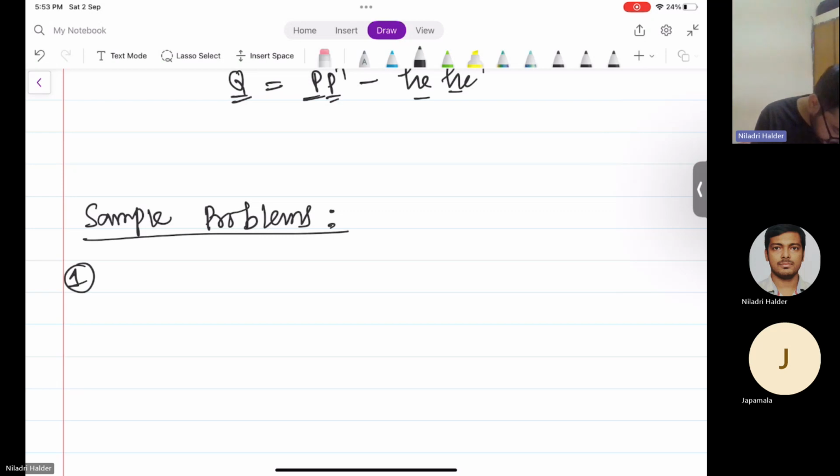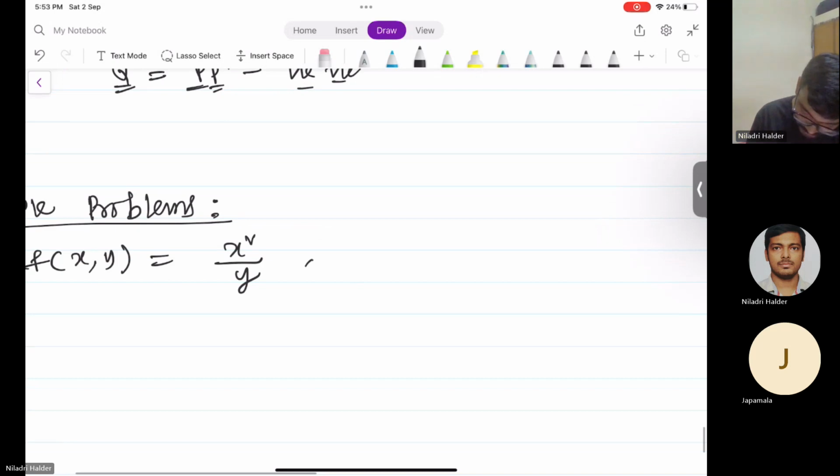The first question is f(x, y) equal to x square by y.